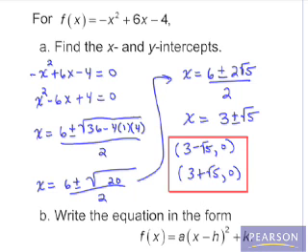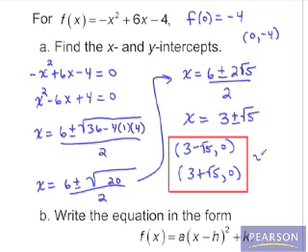To find the y-intercept, we'll let x be 0, or we'll simply find f of 0. When we let x be 0, this term becomes 0, this term becomes 0, and we're left with negative 4. So the y-intercept is at the point 0, negative 4.